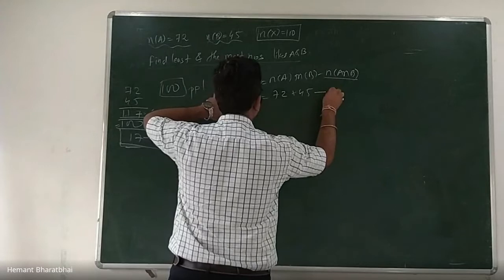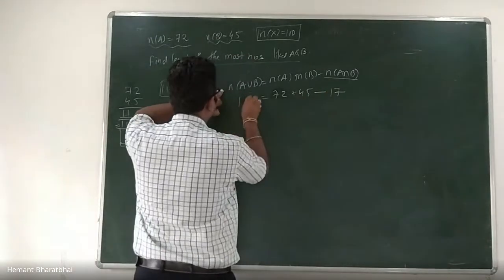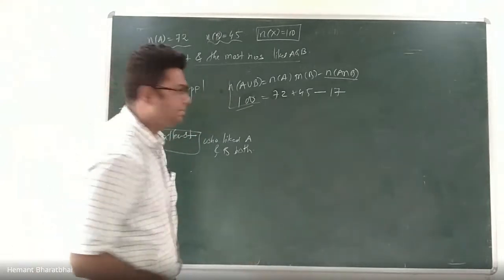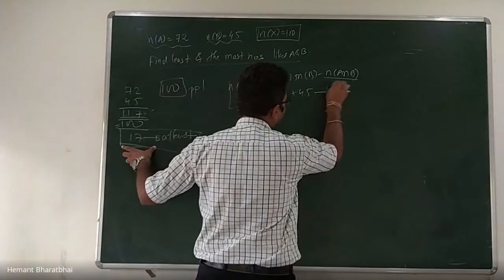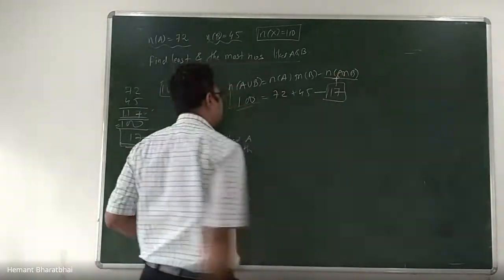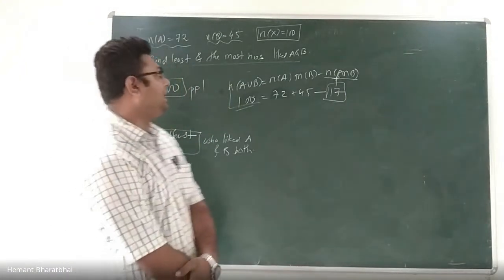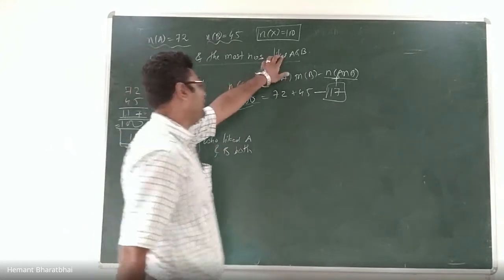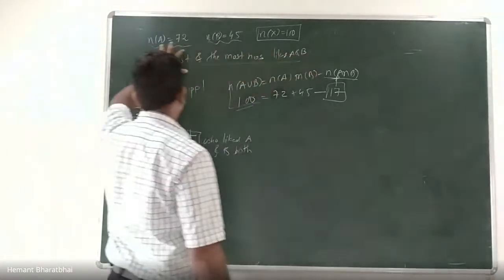If I do this minus 17, then only I will get this 100 over here. It was but obvious that there are 17 people, A intersection B means A and B, who have liked product A and B.